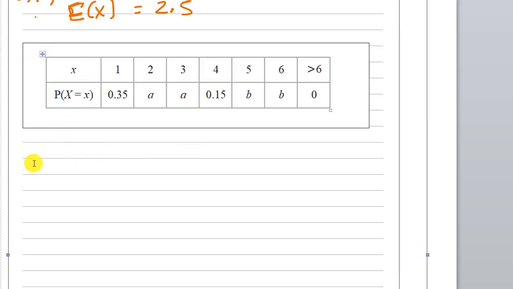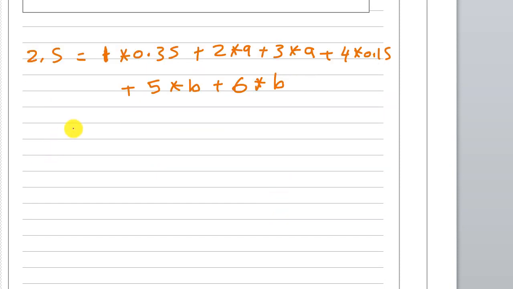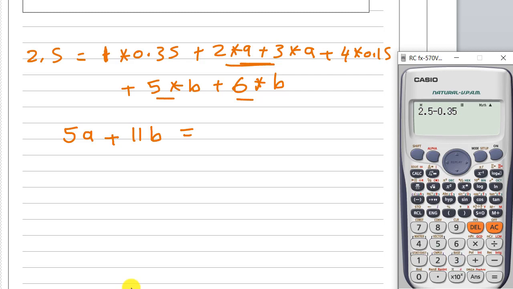So 2.5 is equal to 1 multiplied by 0.35 plus 2 multiplied by A plus 3 multiplied by A plus 4 multiplied by 0.15 plus 5 multiplied by B plus 6 multiplied by B. So here 5A plus 11B is equal to, let's find the value, 2.5 minus 0.35 minus 4 multiplied by 0.15. So the value is equal to 1.55.